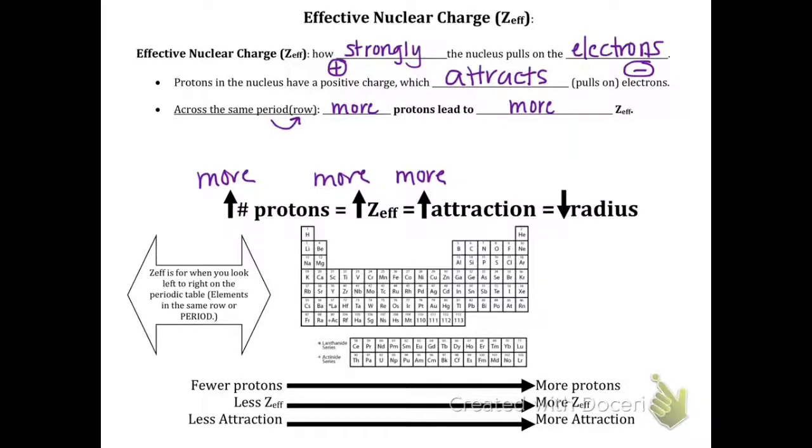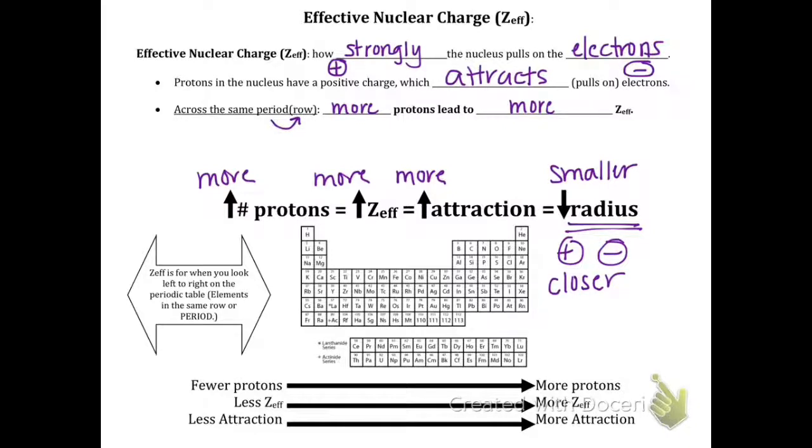So when you're bringing someone that you like close into a hug, the radius, the space between the positive protons and the electrons, is going to get smaller. The more love you have, it's like you're bringing them into a closer and closer hug. So you're getting closer and closer together.